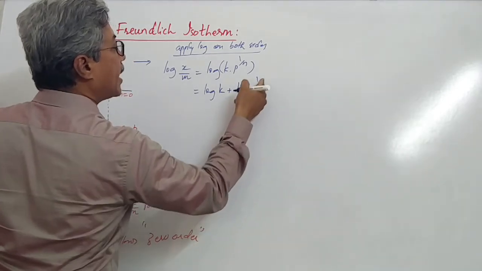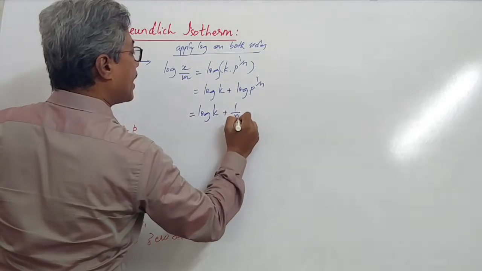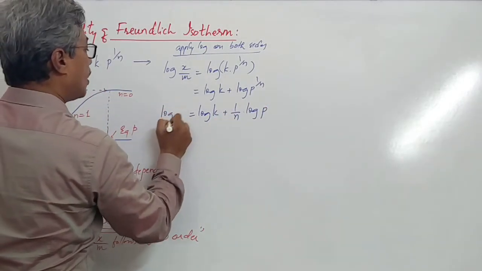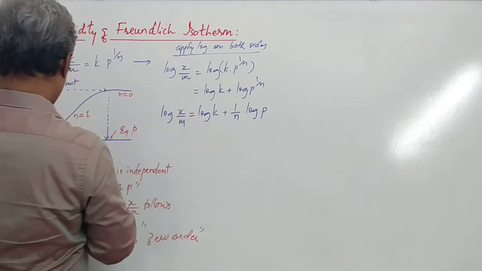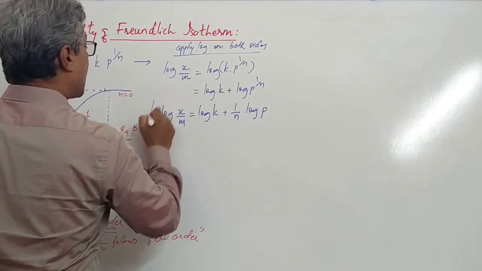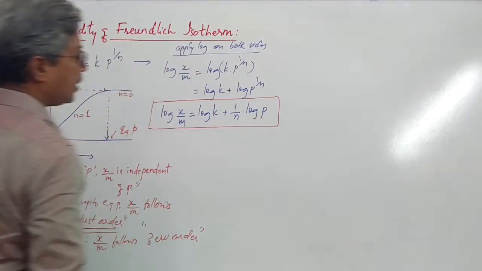And this is log of a raised to m, which can be written as log of k plus 1 by n into log of p. This will be equal to log of x by m. This is the logarithmic form of the Freundlich adsorption isotherm.